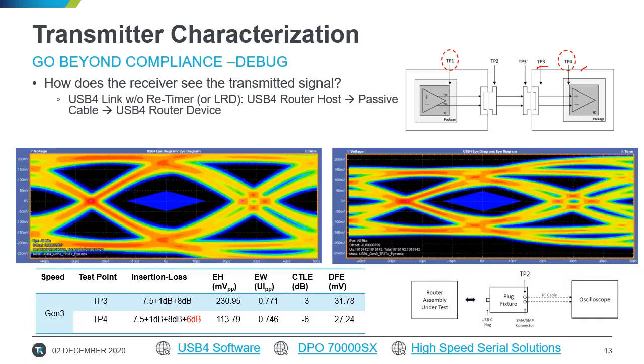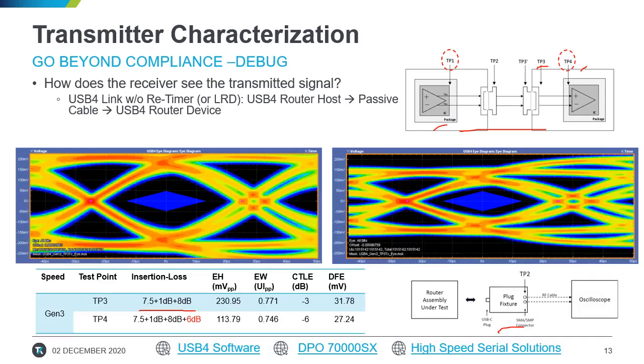So for example, here is a USB4 link without any retimers or redrivers. When we are doing the TP3 test, we have total insertion loss of around 16.5 dB: 7.5 dB, which is informative but still there in the router, 1 dB from the fixture, and 8 dB where we embed the worst case cable model on the scope.